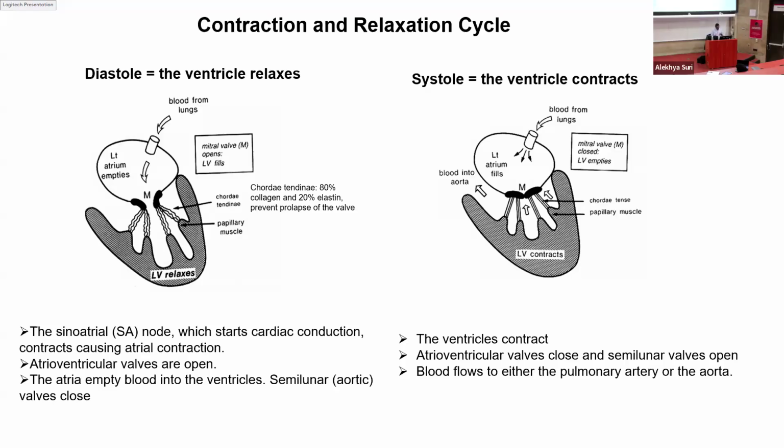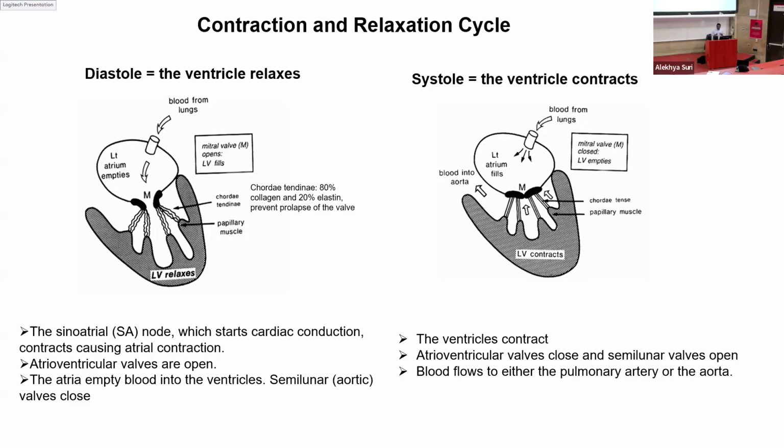Before we go into the contraction relaxation cycle, I just wanted to introduce two terms. The first one is diastole. Diastole refers to the ventricular relaxation. Wherever you see diastole or diastolic contraction, that indicates the ventricular relaxation. Systole is the ventricular contraction, the systolic phase, which refers to the contraction of the muscle.